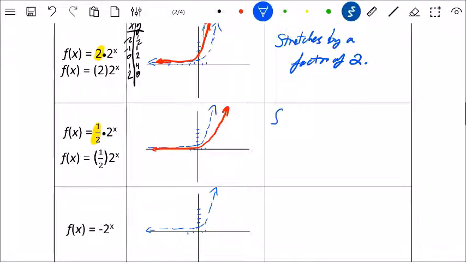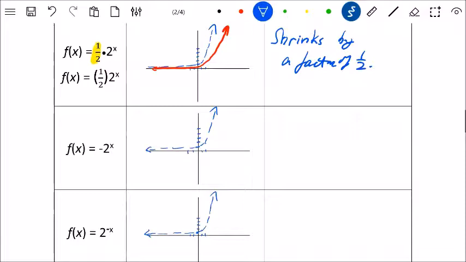So we'll write it as shrinks by a factor of 1/2. Factor simply means something you multiply by. As a verb, it means to multiply. Okay, or to undo, sort of undo. Well, we won't get that far. That's not part of this lesson now.